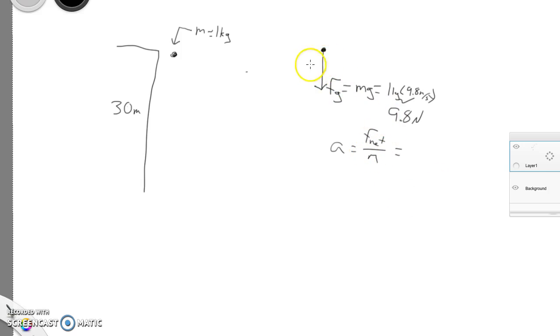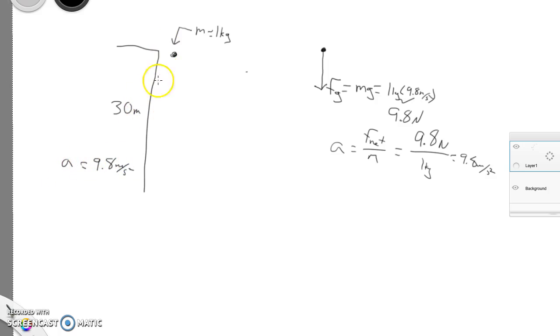The net force would be the sum of the forces. In this case, we just have the one, so we're going to put 9.8 newtons, divided by our mass of 1 kilogram, and get 9.8 meters per second squared, which tells us that this object is going to accelerate downward at a rate of 9.8 meters per second squared.